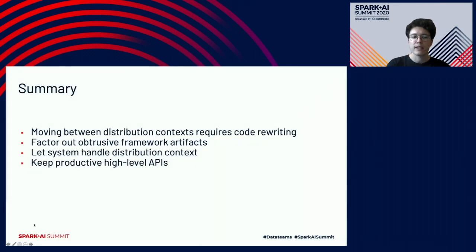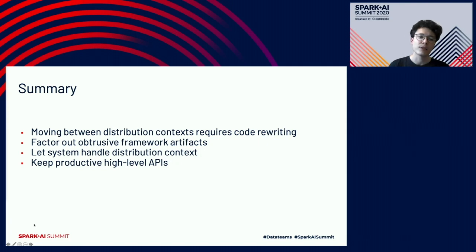To summarize, what we've shown is that moving between the different distribution contexts actually requires code to be rewritten. But what we want to do is factor out these obtrusive framework artifacts such that we really keep only the pure Python code of the model definition.